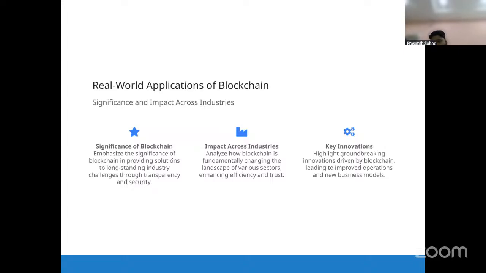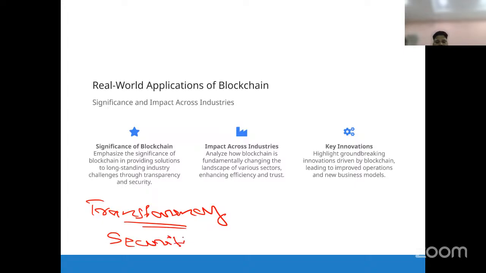Today, blockchain technology is solving problems in industries by providing transparency, meaning everyone can see what's happening. And on top of that, it also provides security, protecting all the information and handling it appropriately.